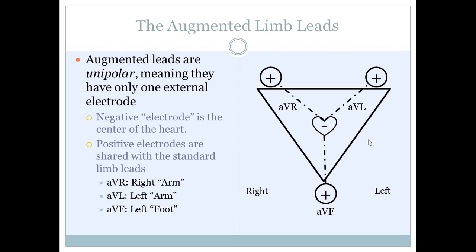These electrodes are measuring changes in voltage in a more three-dimensional plane. The standard limb leads are measuring in a very two-dimensional plane across the chest. There is some three-dimensionality that can be interpreted, but it's kind of like a flatlander problem. The augmented limb leads allow us to get a little bit better picture of the three-dimensional travel of electrical impulses through the heart.